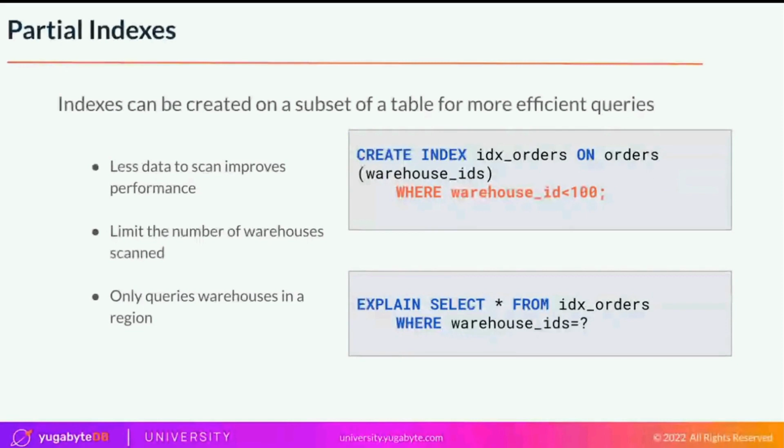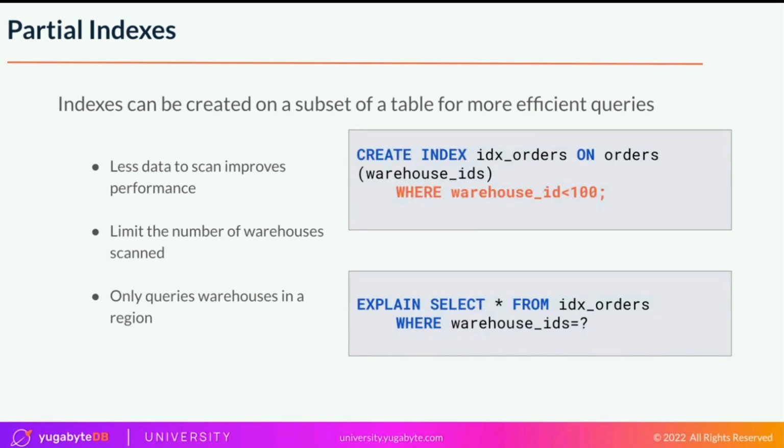Here we're going to talk about partial indexes. A partial index is useful by limiting the number of rows that are scanned in order to satisfy a query. A use case would be to limit the search for a product only for locations in a very specific region.